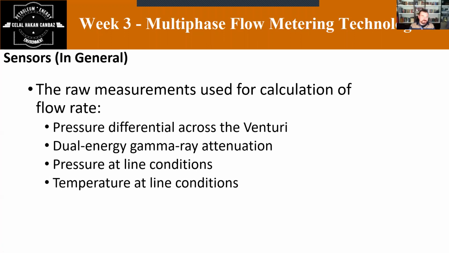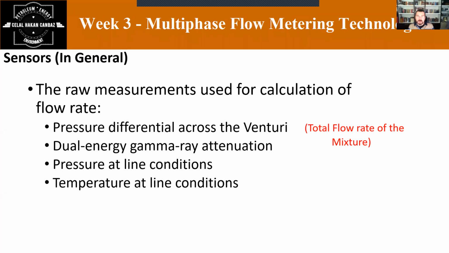In total, only 4 sensors, as I mentioned previously, are used for flow rate calculations with this technology. The differential pressure across the venturi is used to determine the total flow rate of the mixture.